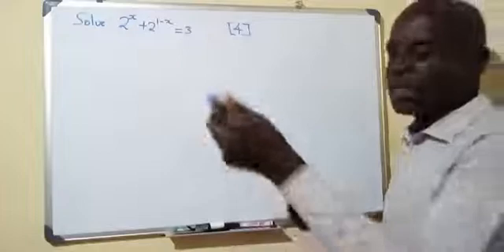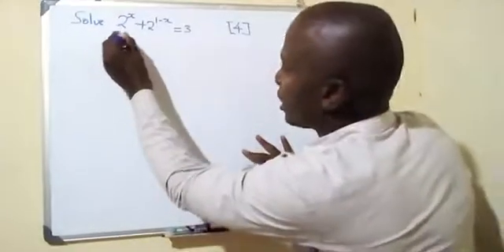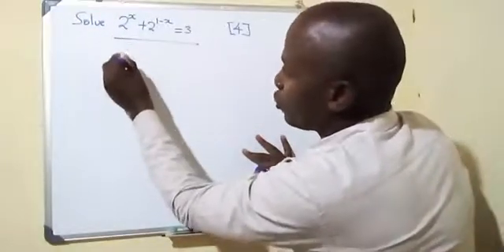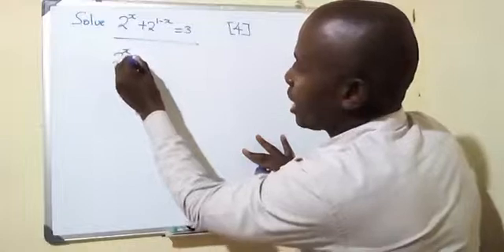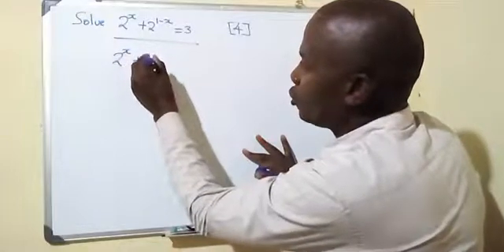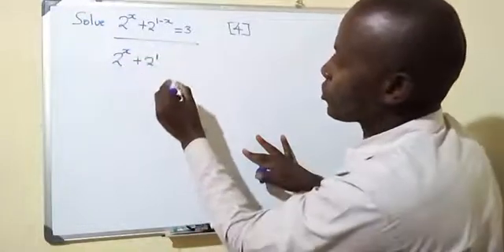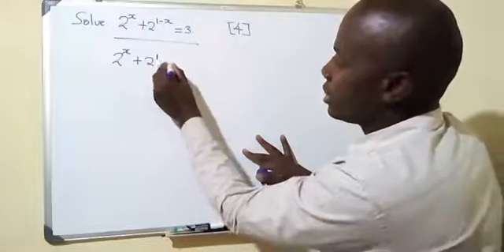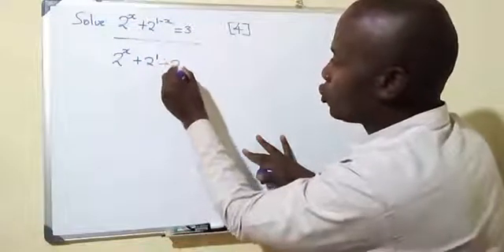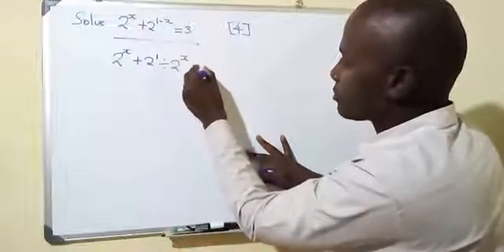How can this part be broken? The first stage, we write 2 to the power x plus 2 to the power 1, divided by 2 to the power x.